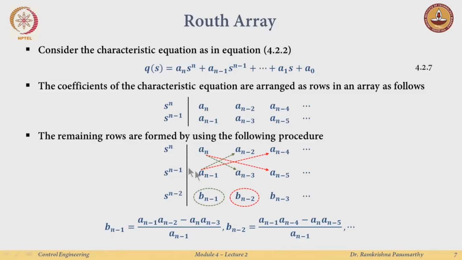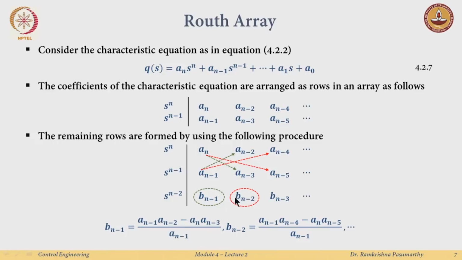How about the remaining rows? Given Sn, Sn minus 1, Sn minus 2, this number Bn minus 1 is computed in the following way: I take An minus 1 times An minus 2 minus An times An minus 3, divided by An minus 1, just a simple formula.